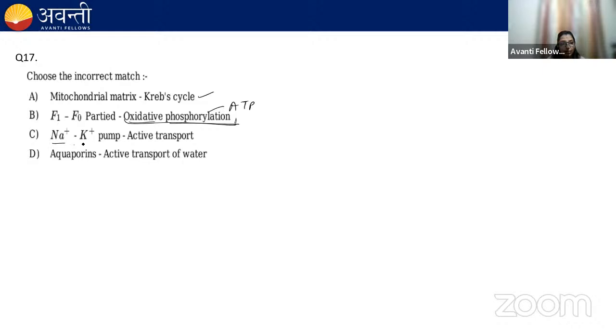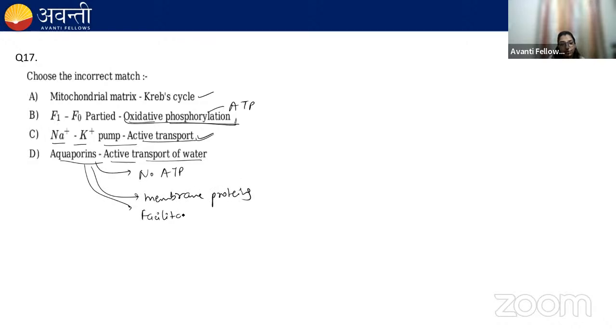C says the sodium potassium pump is active transport. Yes, because it requires ATP. D says aquaporins are the active transport of water. No, it does not require ATP. Active means involvement of ATP, but in aquaporins, no ATP is required. Aquaporins are membrane proteins. They are involved in facilitated diffusion.